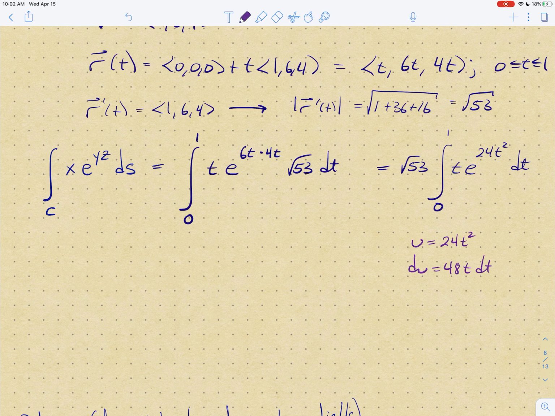You're going to end up with an integral of e to the u du, and you should get square root of 53 over 48 times e to the 24 minus 1. So I would encourage you to pause the video and work that out yourself. Make sure that you can get it. I'm going to stop the video right here, and we'll pick up in the next one with our last kind of line integral.